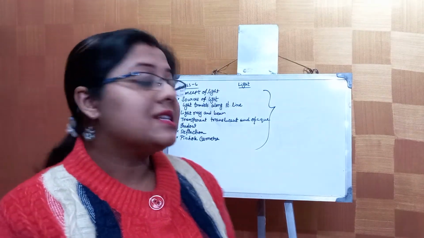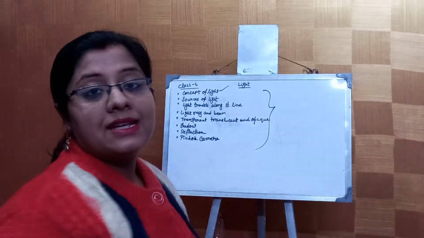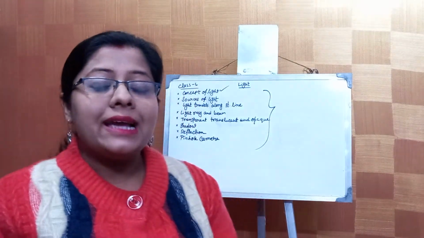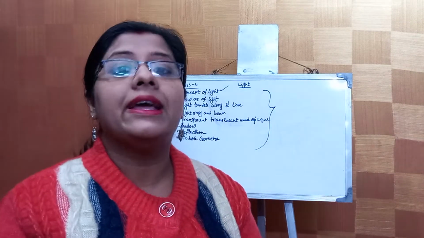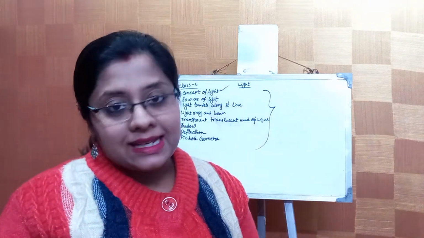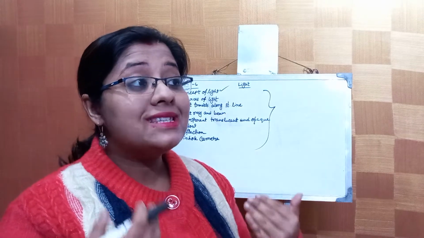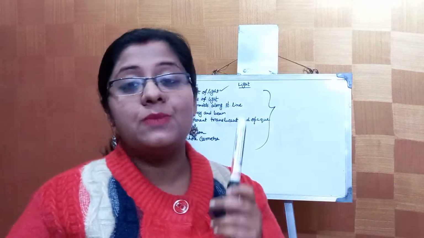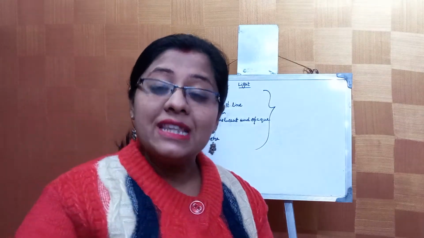So first we will start from concept of light. What is concept of light? If I ask you what is light? So light is basically a form of energy. Light is energy. We cannot see the light properly. We can see any object. Suppose this is my pen. So how can I see the pen?